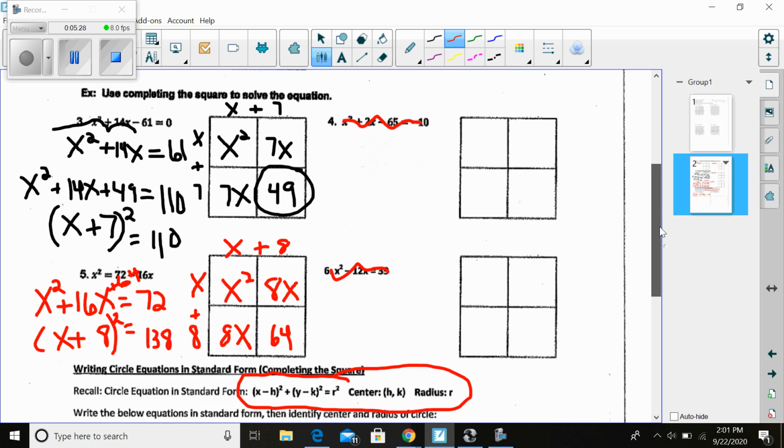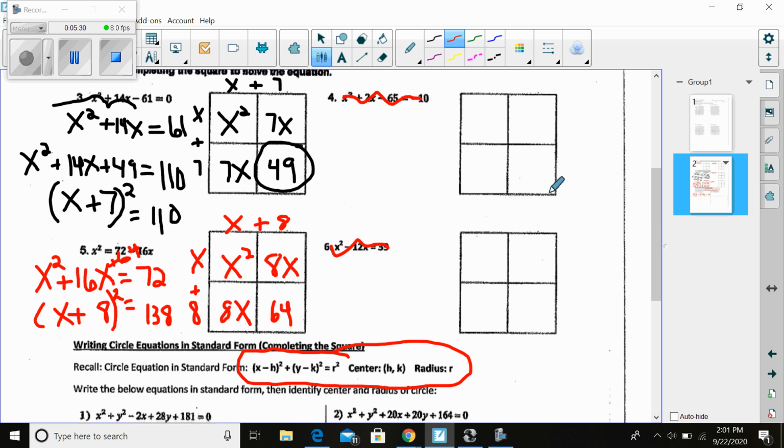So I'm going to make use of the squares up here to help me do the two problems down there on number 1. I'm going to use this square to help me do this, and then this square to help me do this one.